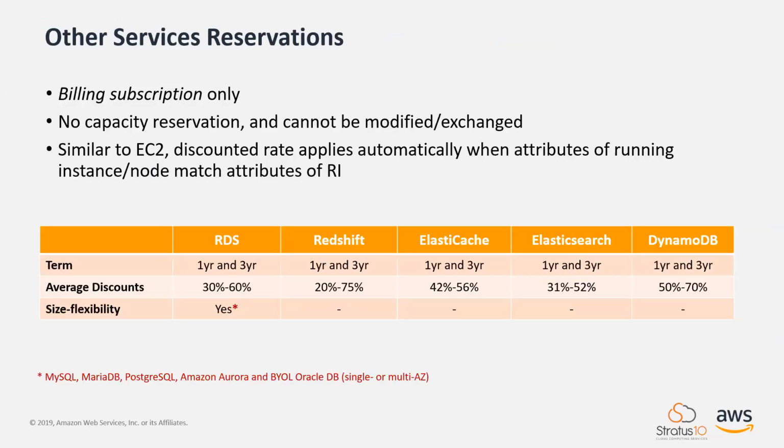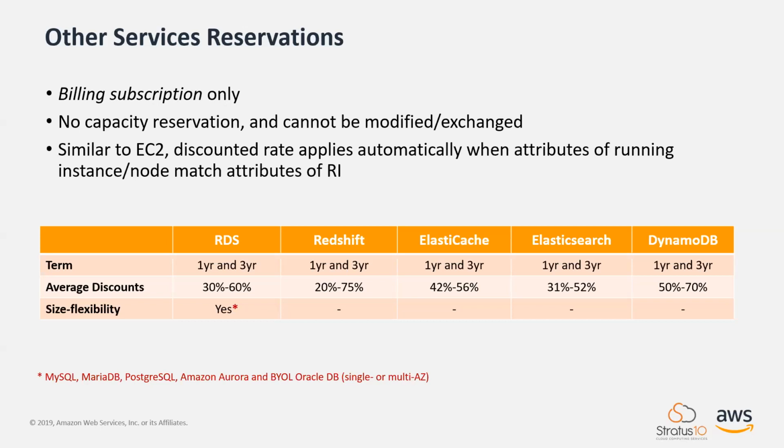Okay, similar to EC2, there are other services that also have reservation models. However, unlike EC2, they don't offer an option with capacity reservation, at least not yet. Some RDS platforms do offer size flexibility.